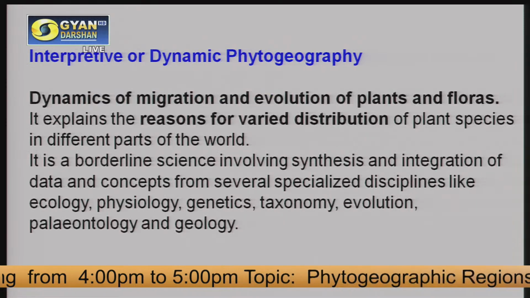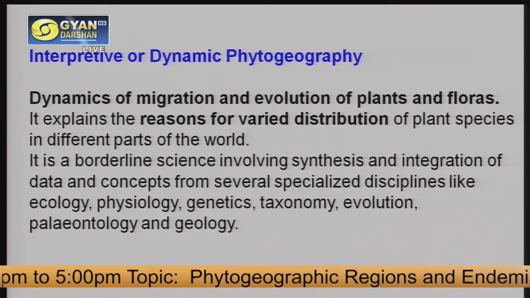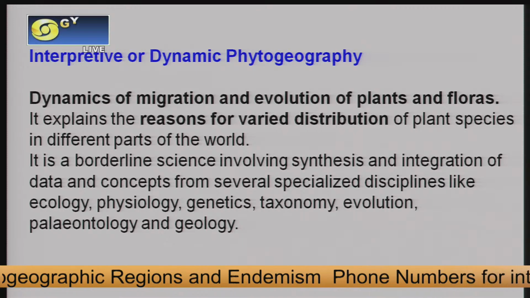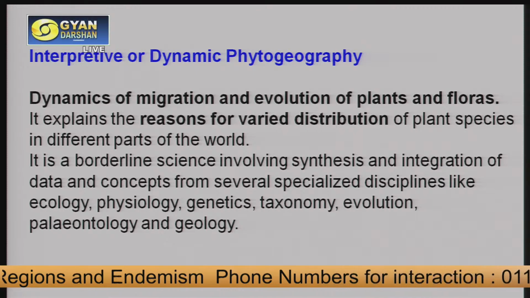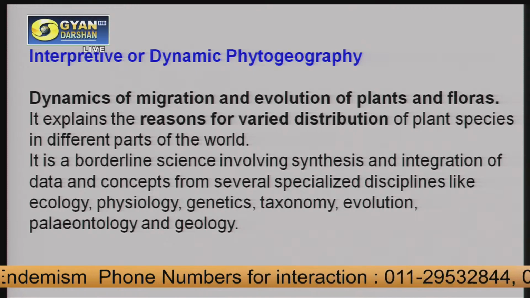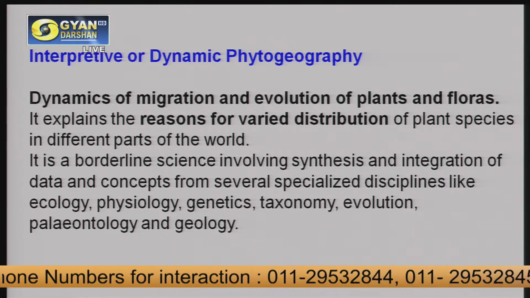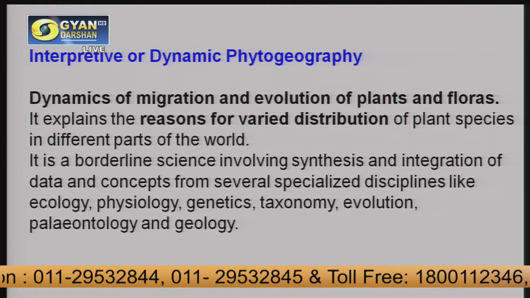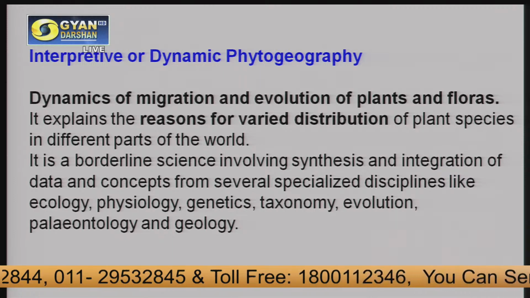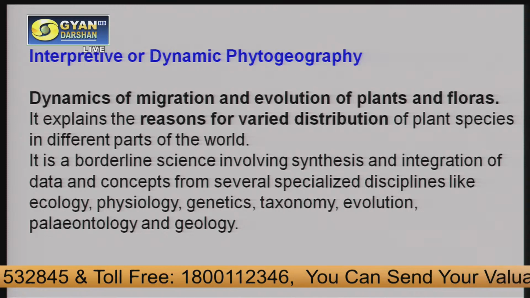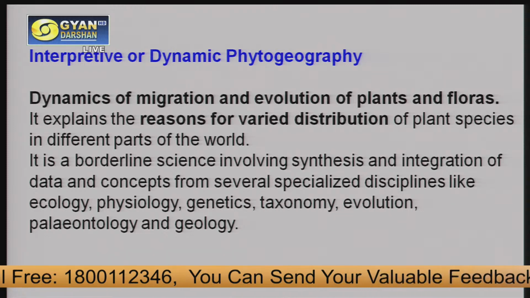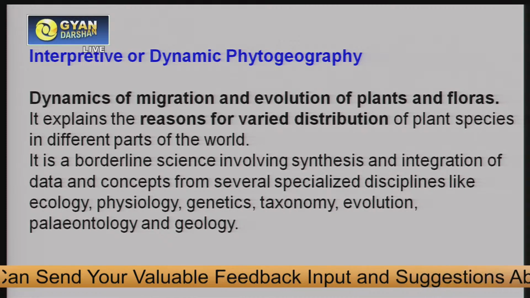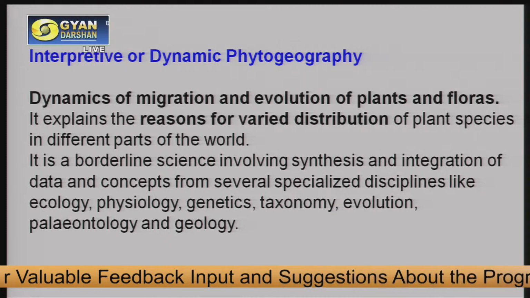Next, you have the interpretive or dynamic phytogeography, that is, dynamics of migration and evolution of plants and floras. Perhaps you must be knowing that it might happen that a particular plant originates in a particular center, and based on that you perhaps know that there are different centers of origin. Now, it's not that the plant will remain confined in the center of origin, because ultimately it might spread.